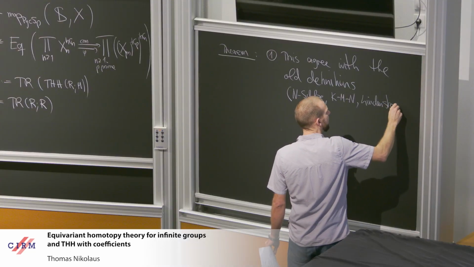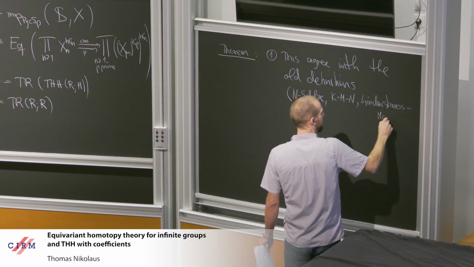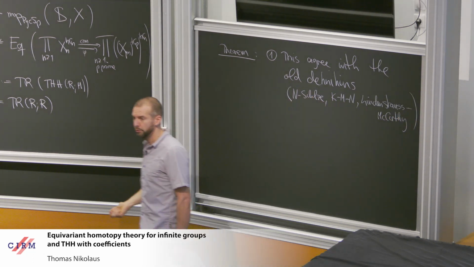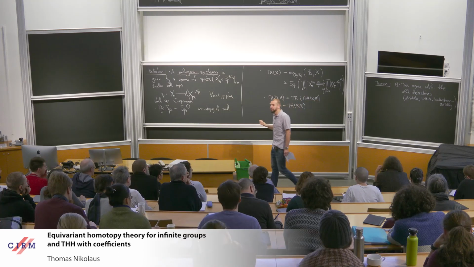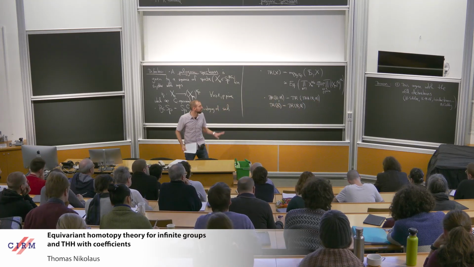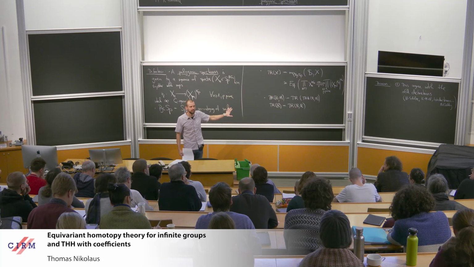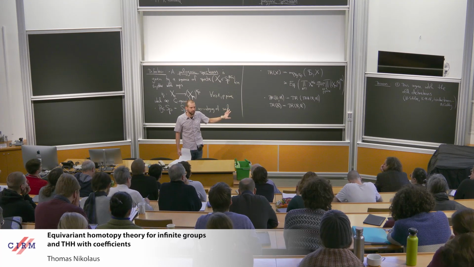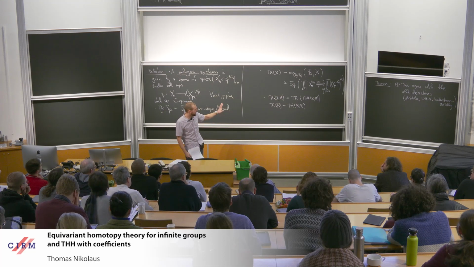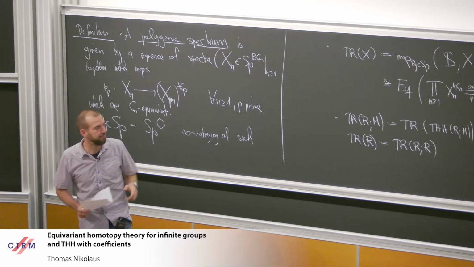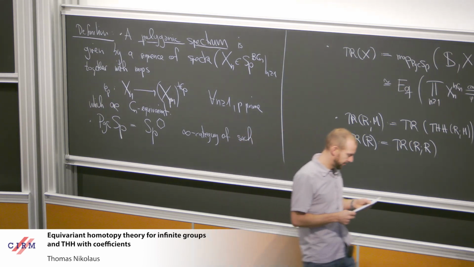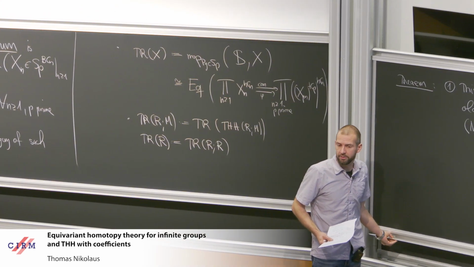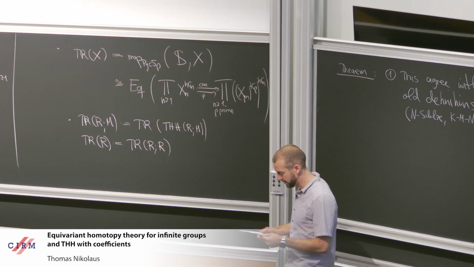I'm just putting their name here, because I think it was their insight that you can actually define something like TR with coefficients. Because a priori, as I said at the beginning, it is very surprising that something like TR with coefficients exists, given that THH with coefficients does not support any cyclotomic structure. So that's their insight that it does exist. And so all of these definitions agree. So this gives us a more homotopy invariant construction of TR with coefficients.